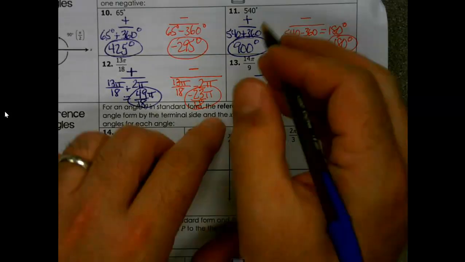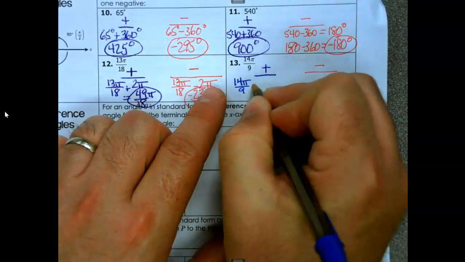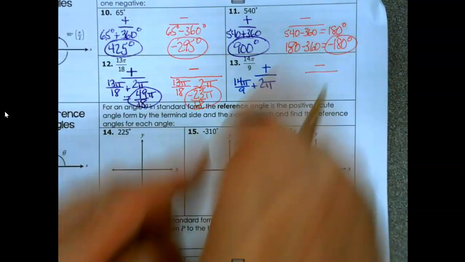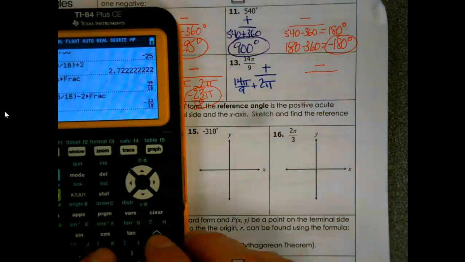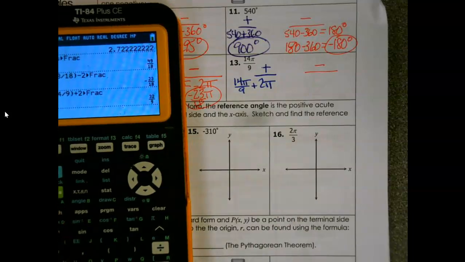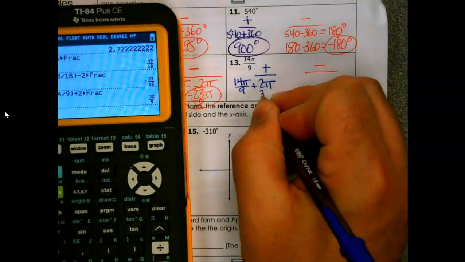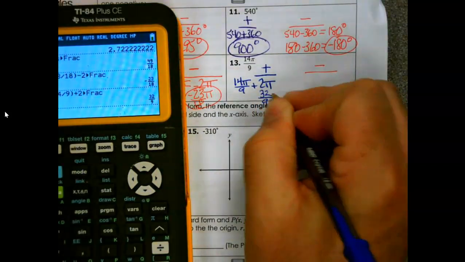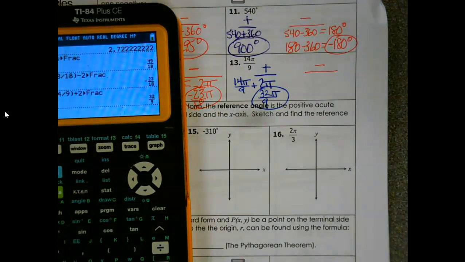It's the exact same process. Just that one hint of reminding yourself, no pi until the end. So 32 pi over 9.